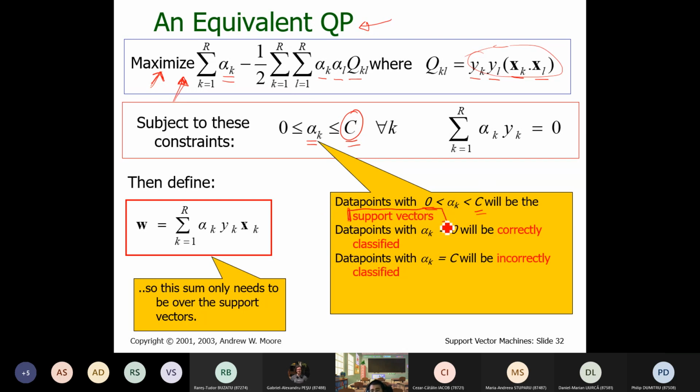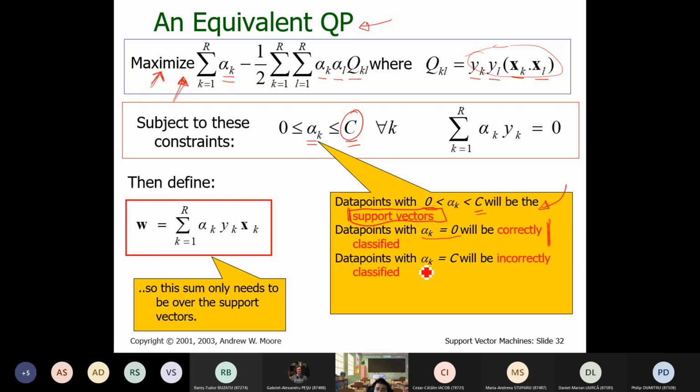So for the points that are important, alpha k is greater than 0, and it will be set to 0 for the data that is correctly classified. I don't care about this data; I'm only interested in it being correctly classified. But once we know that the data is correctly classified, all we need is the support vectors. The other data may be discarded.